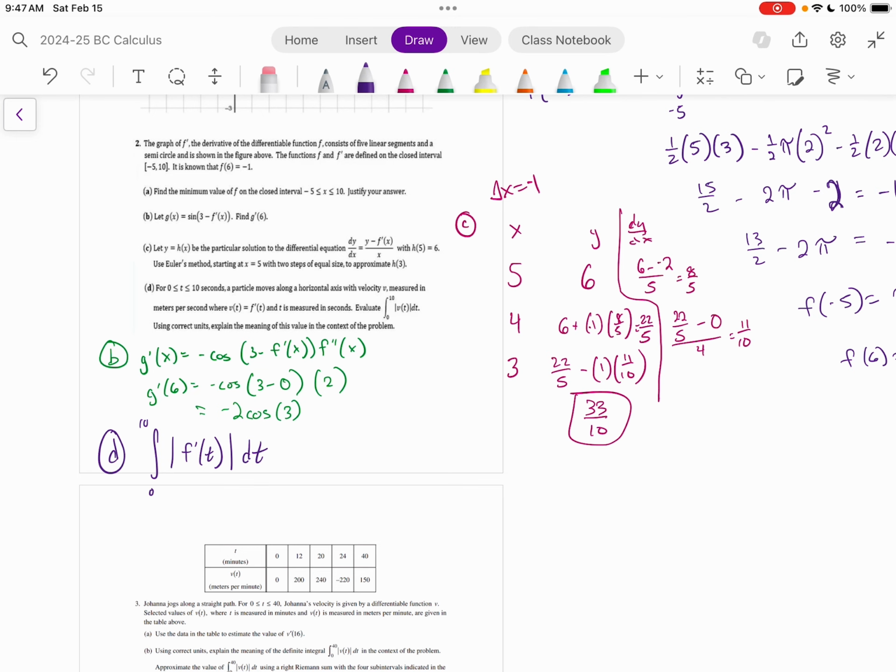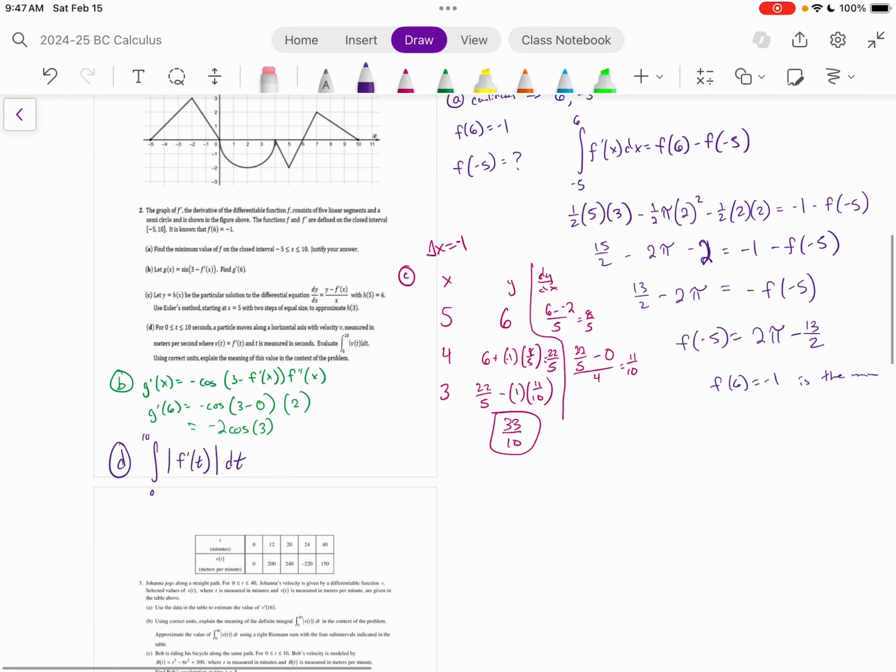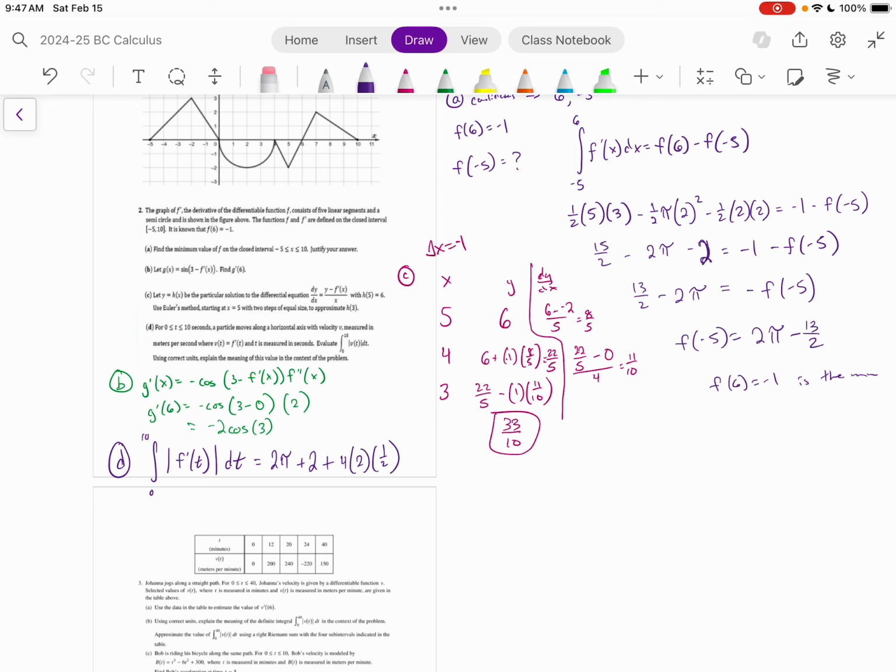Well, we can evaluate that, right? That's just all those areas, right? So we already found some of these things. That circle's 2 pi, that little triangle's 2, and then this new guy that we haven't talked about is 4 times 2 times a half. It's whatever that is, I don't care. 6 plus 2 pi. I guess I do care.